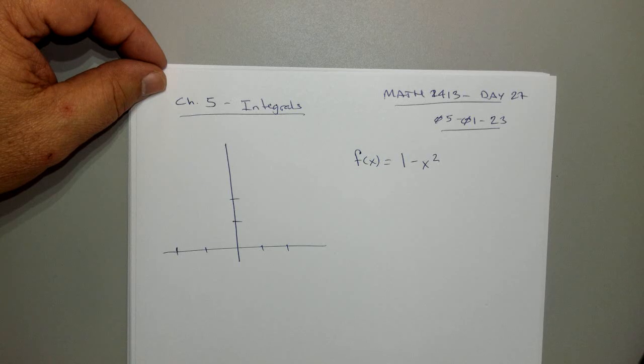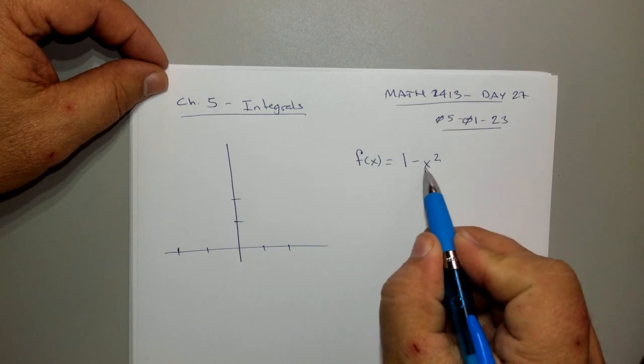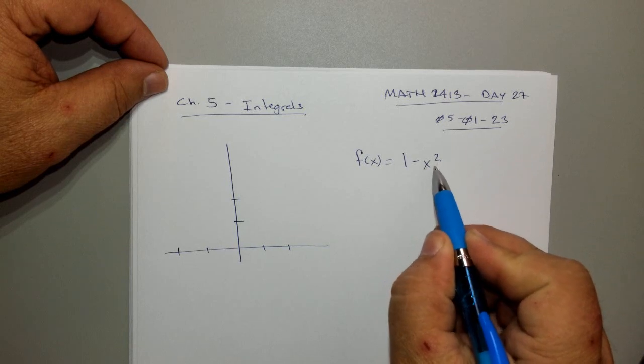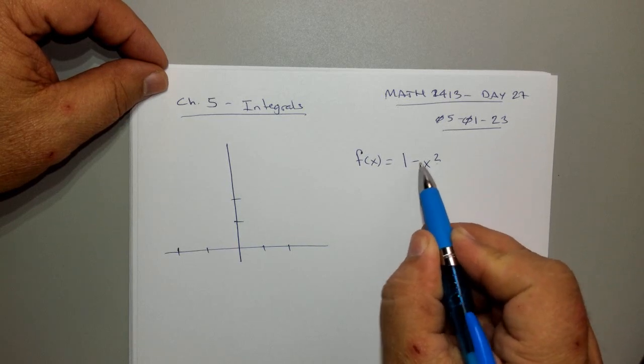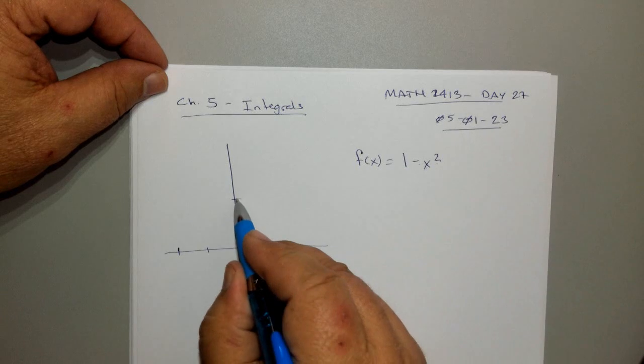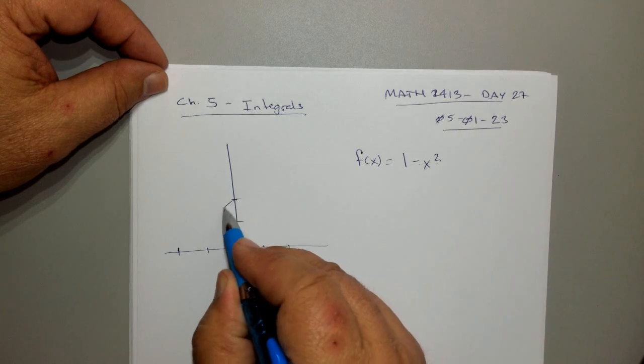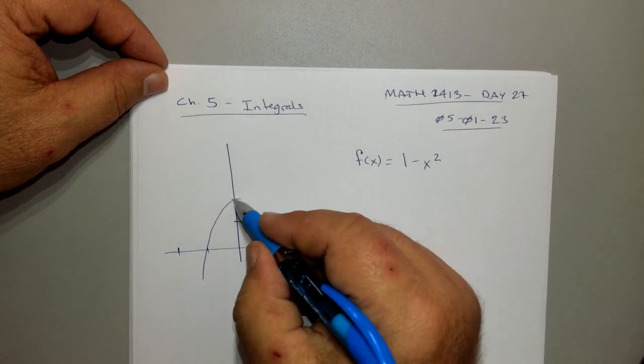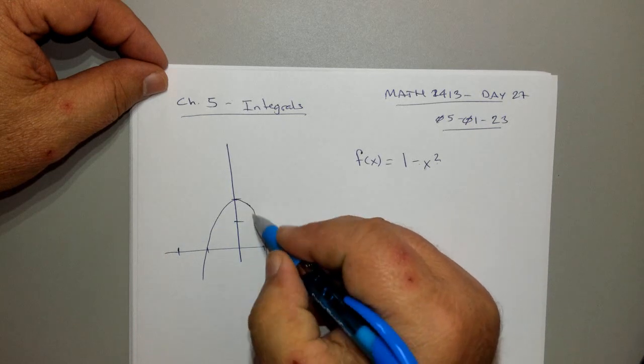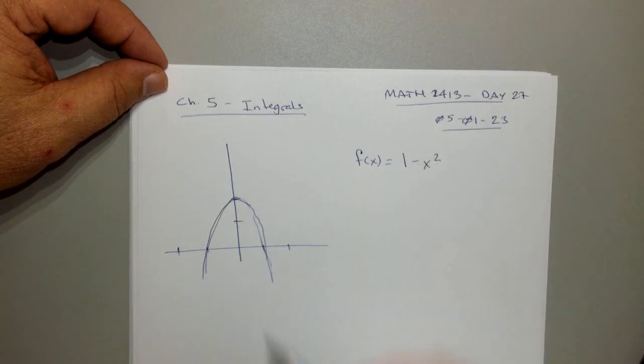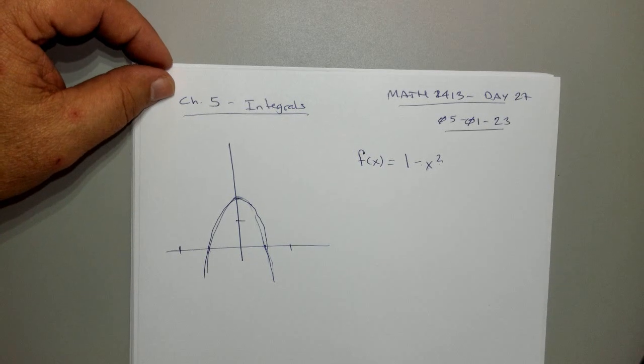The little parabola. Exactly, but it flipped over. Because it's an x squared, it's a parabola. It's negative, so it's opening down, and it's shifted up one. It looks something like that.